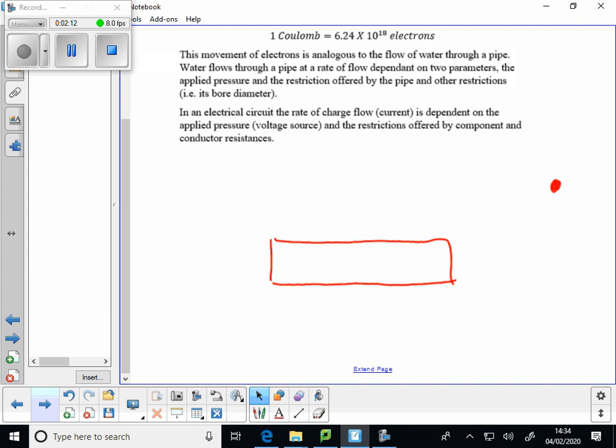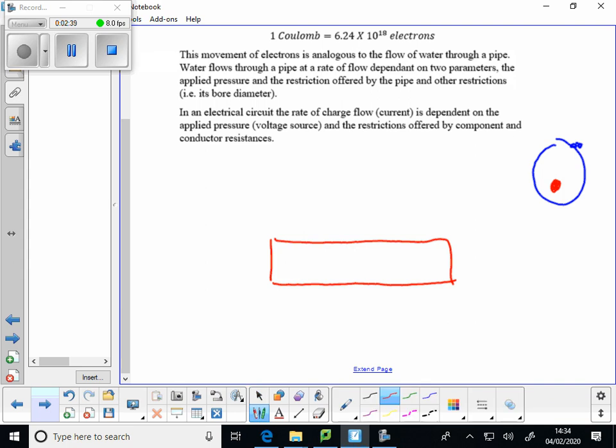I don't want to go too much into the chemistry, but the outside shell of electrons has only got one electron in it, and that's some distance from the positive charge of the nucleus. Because it's some distance away, it makes it a good conductor because we can encourage those electrons to jump ship.